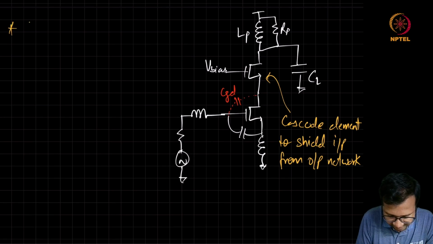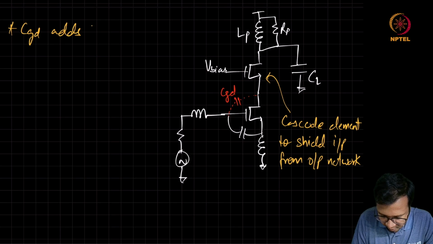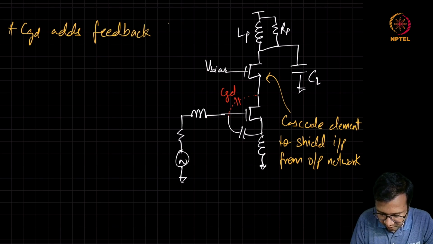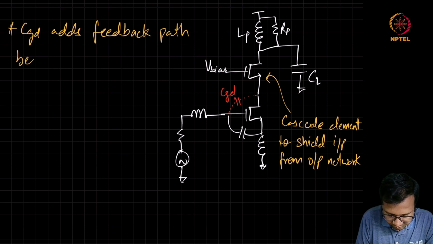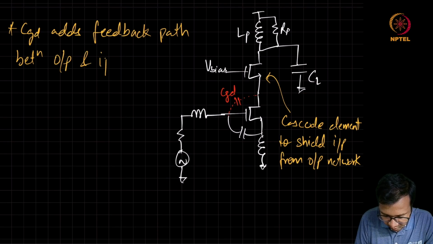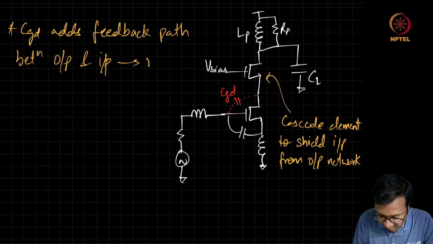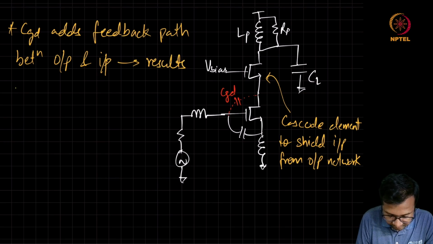So the CGD adds a feedback path between output and input, resulting in instability.